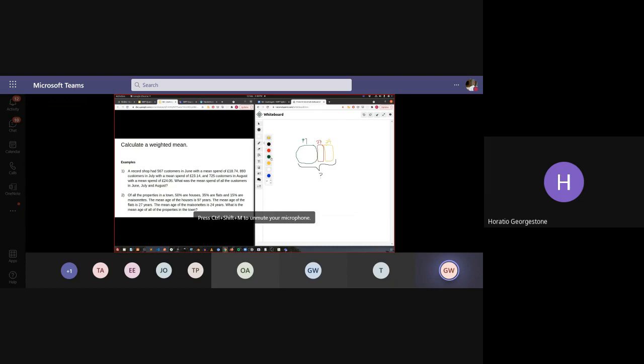So the number of houses in this example would be 100,000, since it's 50%. And the number of flats, which is 35%, would be 70,000. I'm actually just going to put 70k to save time and space. And the number of maisonettes would be 30,000.